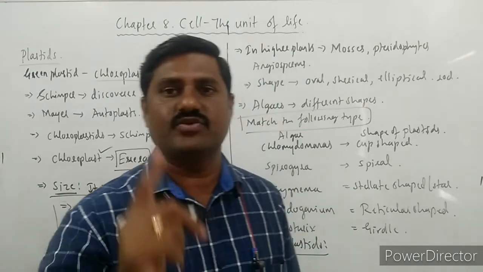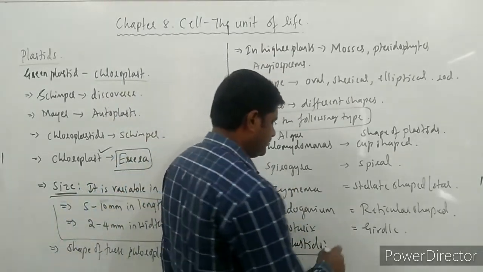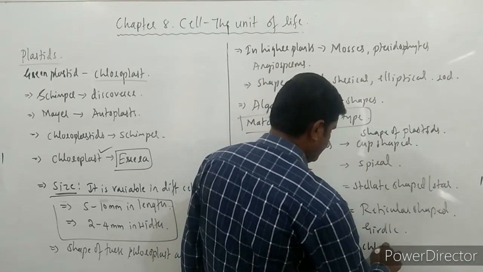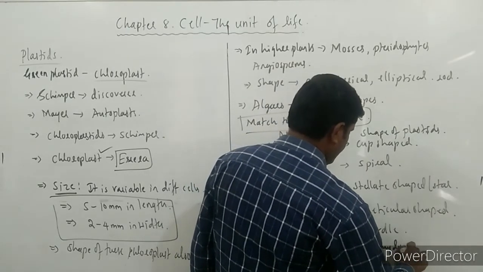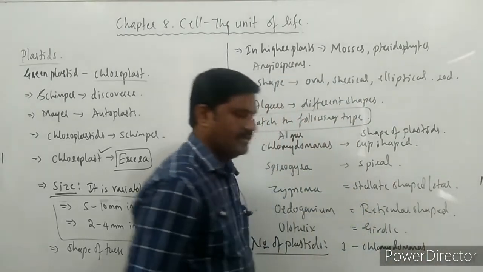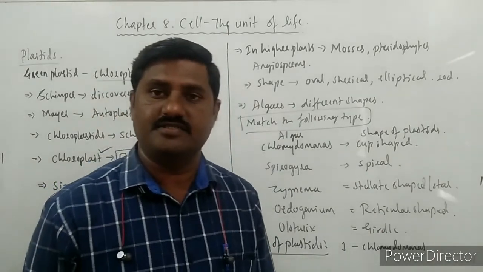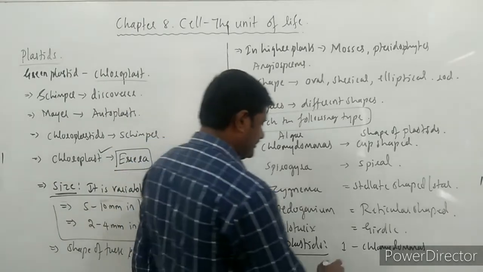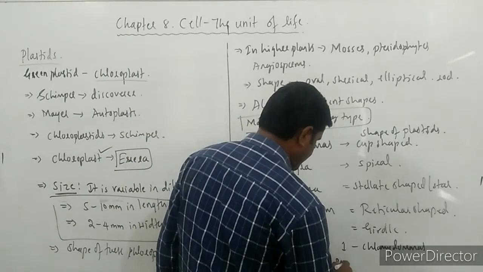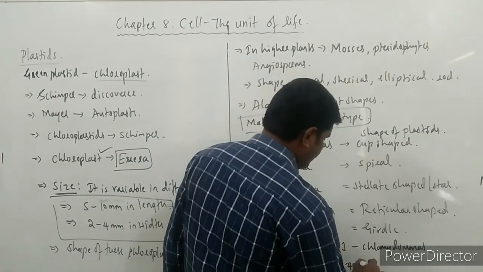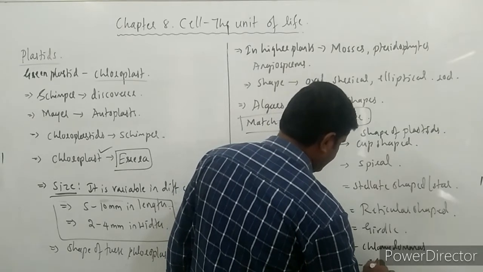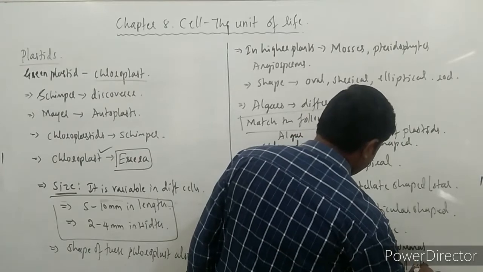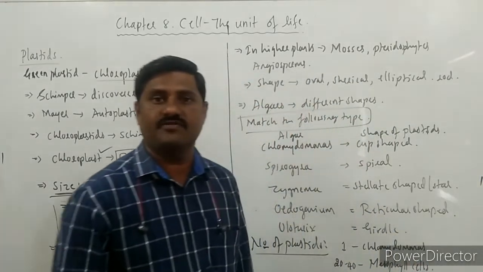In Chlamydomonas only one chloroplast is present. And in mesophyll cells, usually 20 to 40 chloroplasts are present. What are these mesophyll cells?